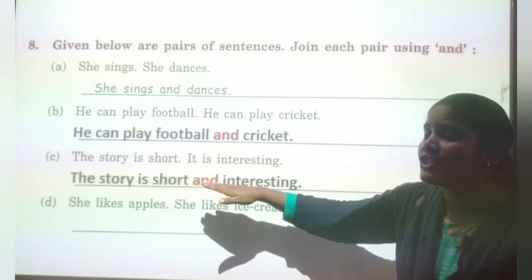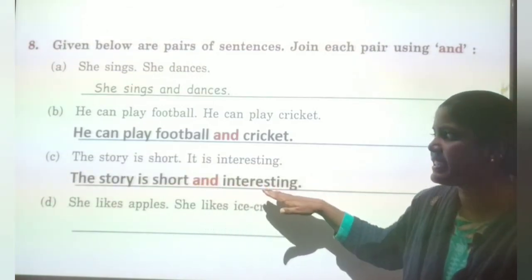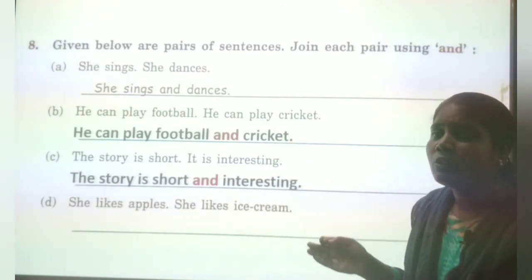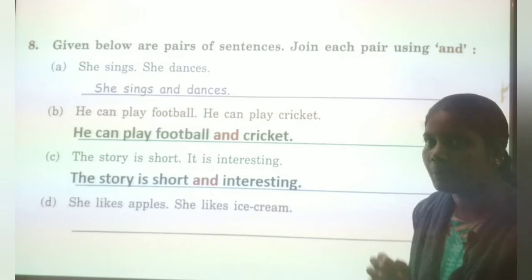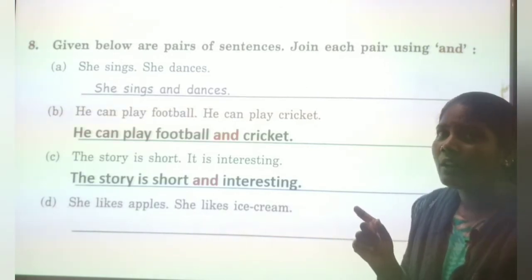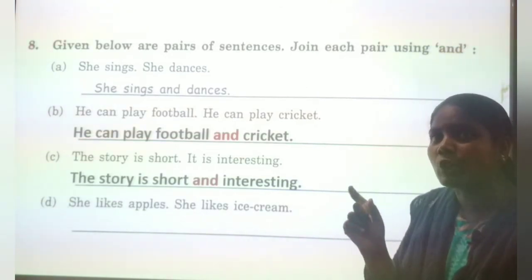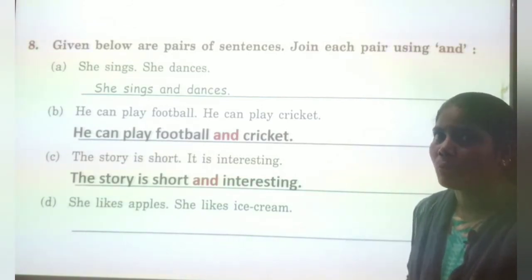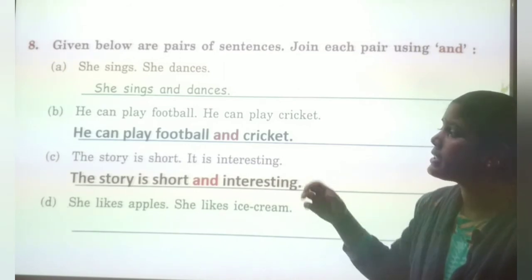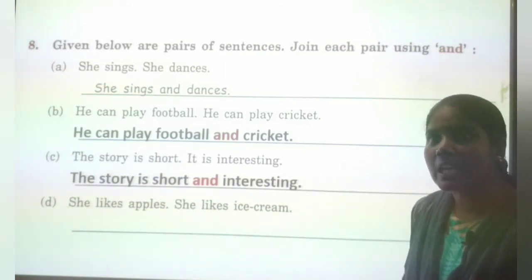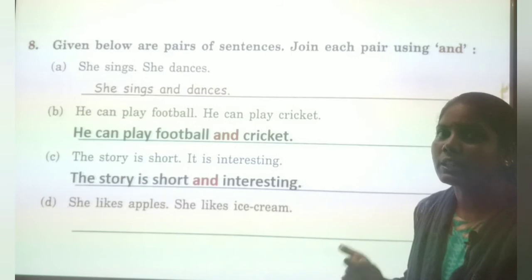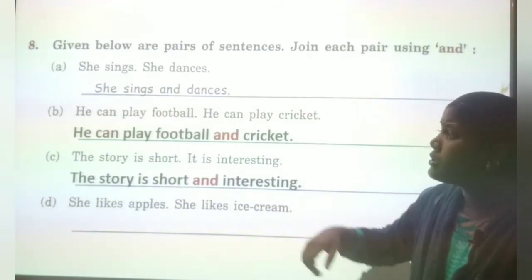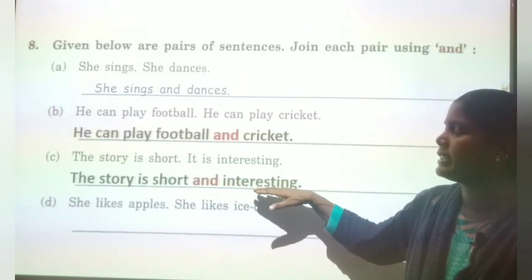When we are talking again and again about a particular person or particular thing, there is no need to use the pronoun again and again. Instead we can use a conjunction to talk about a particular thing, person or incident. So, the story is short and interesting.